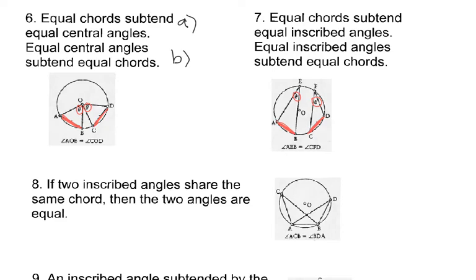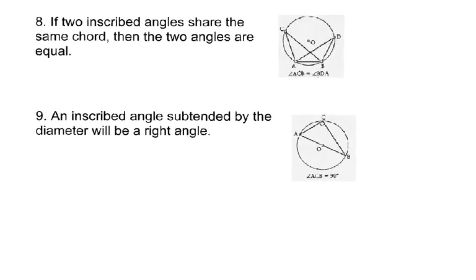Moving on to 8. So, suppose I have 2 inscribed angles. We're actually talking about D and C. If they share the same chord, so that chord here is going from A to B, that means this and this, the 2 angles that are farthest on the edges of the circle, will be the same.